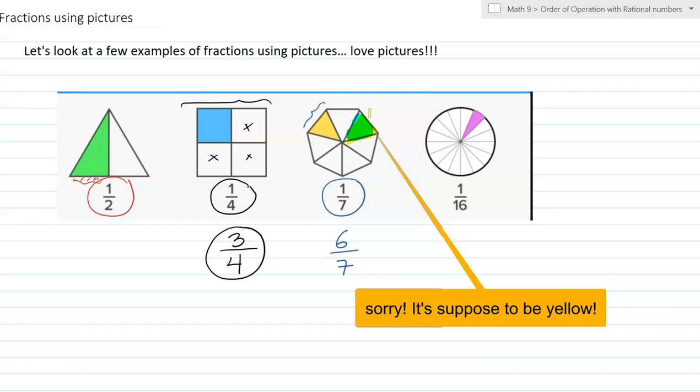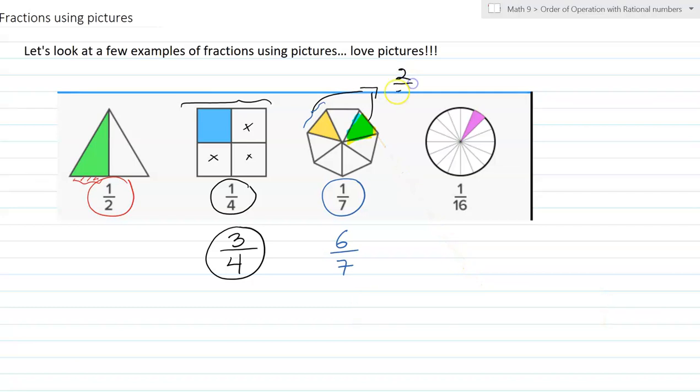All right, now what is the fraction that represents the yellow shaded part of the heptagon? Well, in this case, these two together, there are 2 out of the 7 possible parts of that heptagon that are shaded.